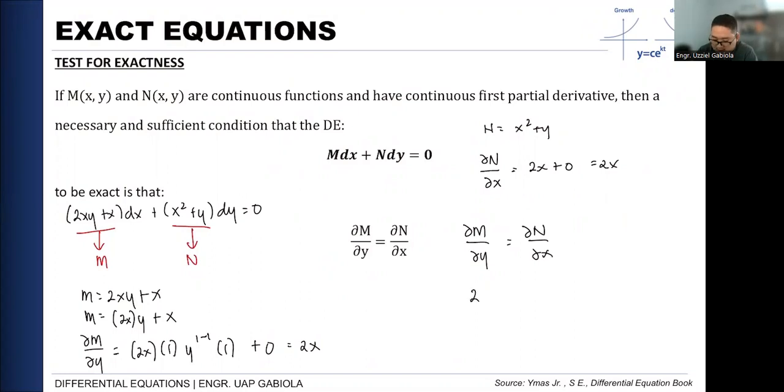And we can see that they are indeed equal. Therefore, our differential equation is exact. So when it is exact, you have a next step to do. But before we go there, does anyone want to clarify anything about our partial differentiation?